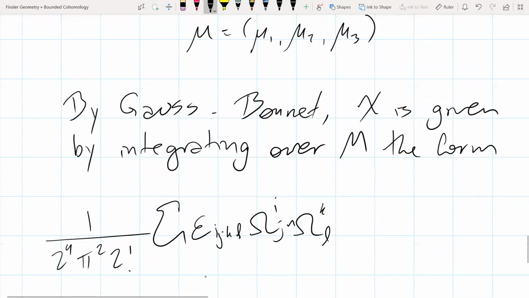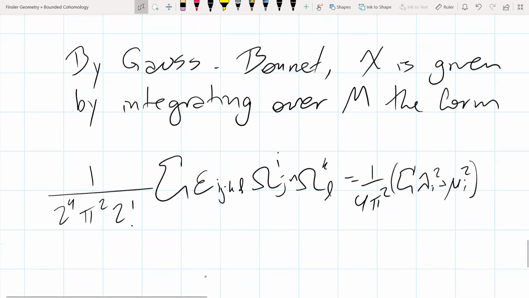Now, using the normal form for the curvature, this is going to be 1 over 4 pi squared times the sum of lambda_i squared plus mu_i squared, which I can write as 1 over 4 pi squared times the norm of lambda squared plus the norm of mu squared.